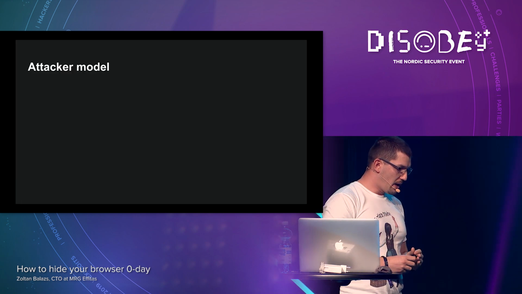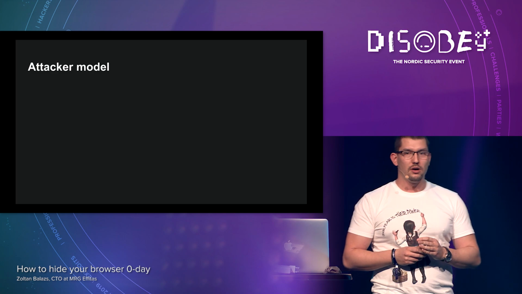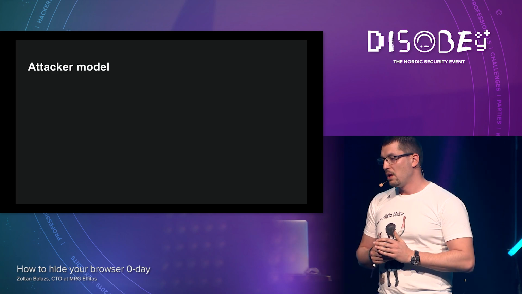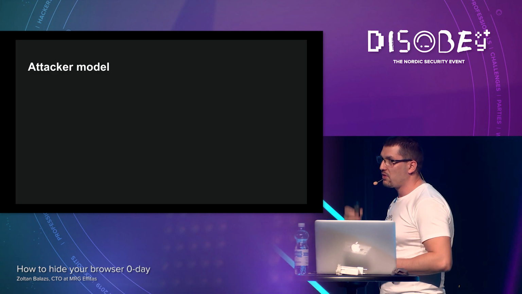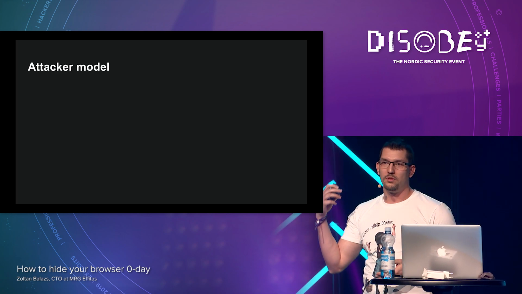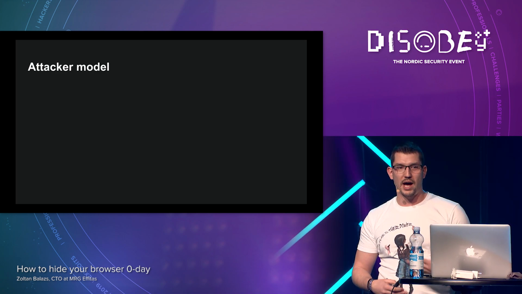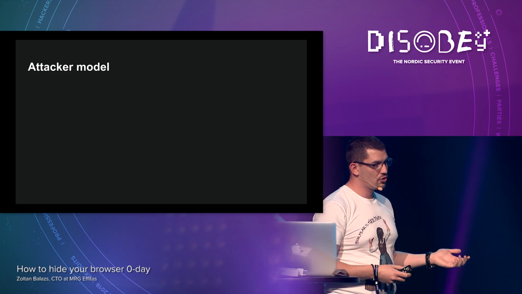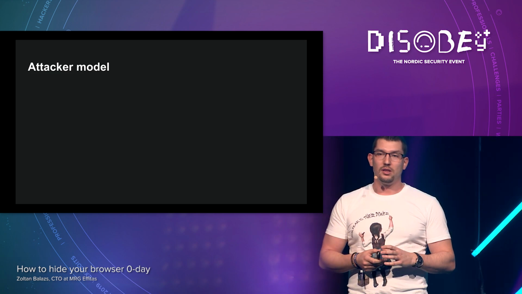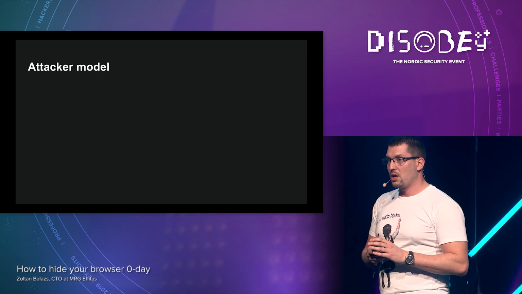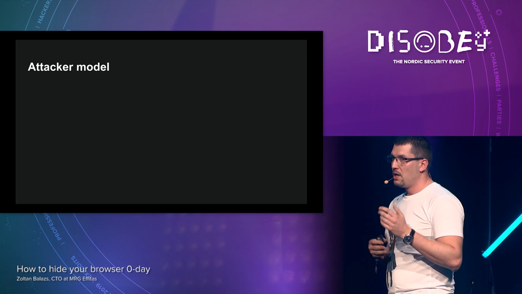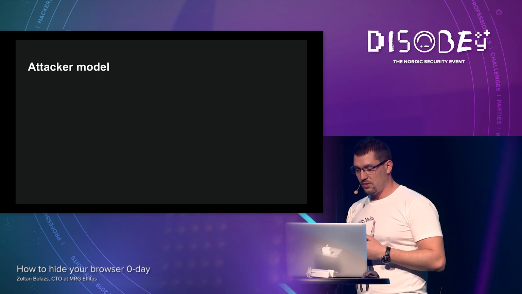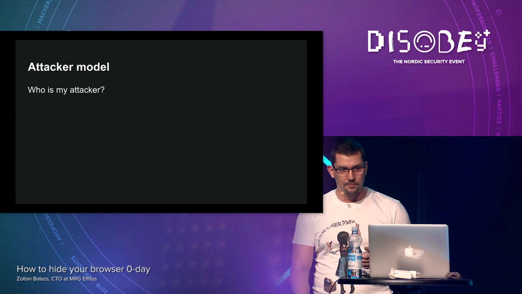All right, so now let's talk a little bit about the attacker model, because as I already mentioned, the title of my talk is about hiding your zero-day, and I started my research about bypassing these network intrusion detection systems. So let's see how these different things come together.